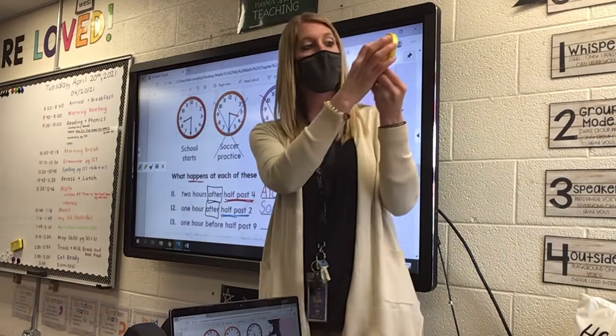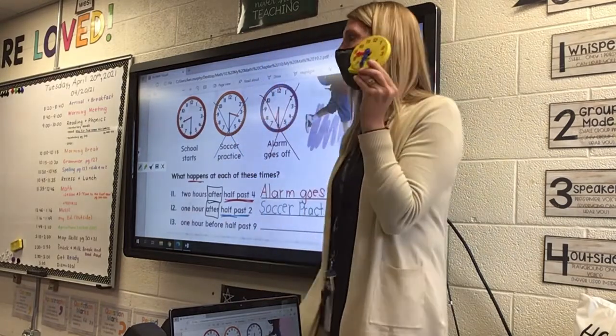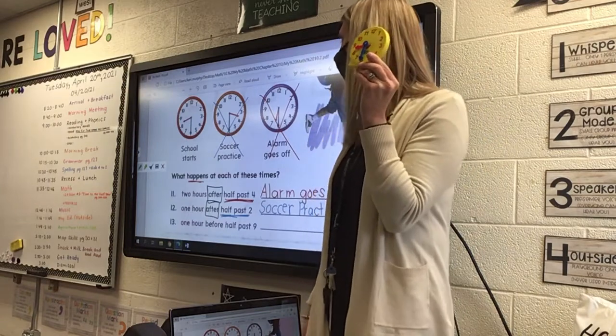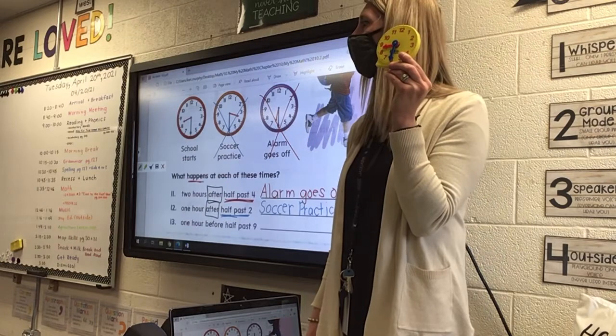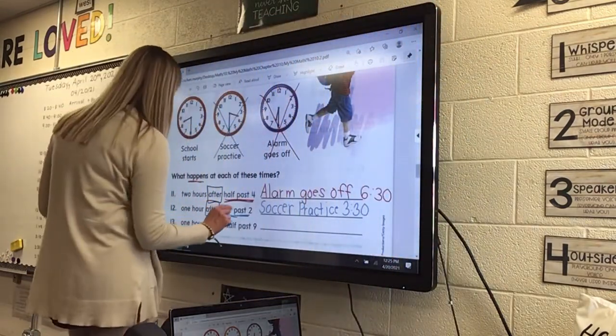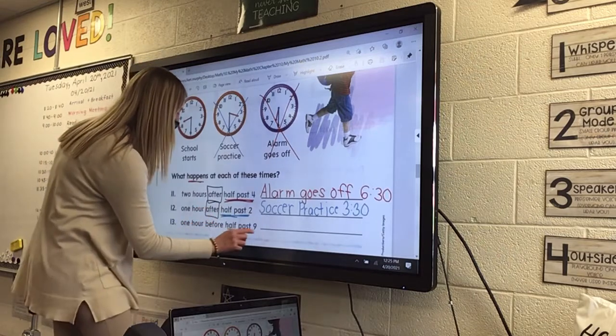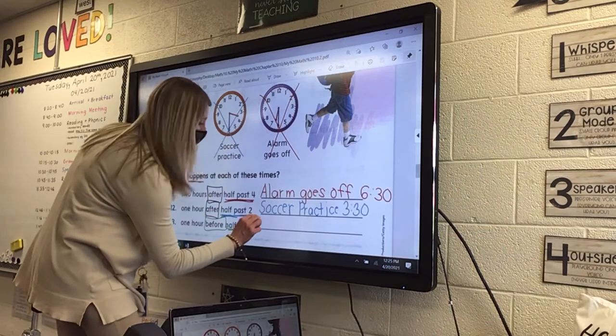So if we go before, we have to go back an hour. So if I make it go back an hour, guys, what time is it? 8:30. That's when school starts. So half an hour past 9, and the hour before would be 8:30.